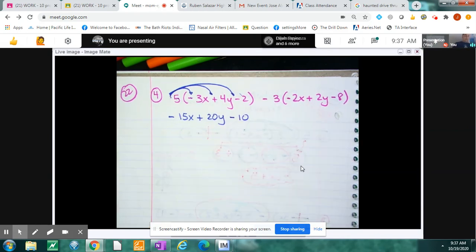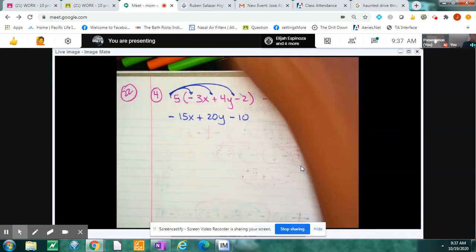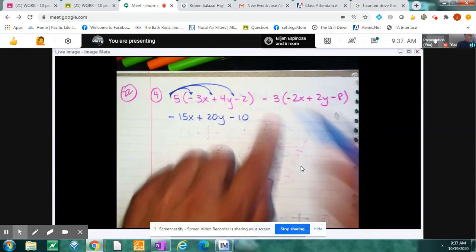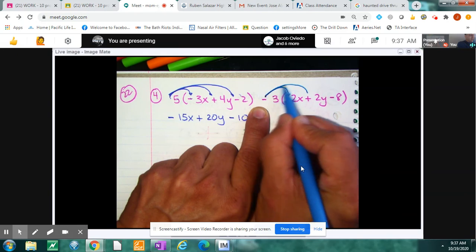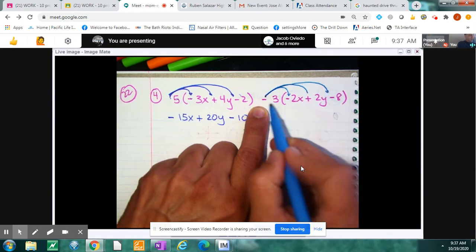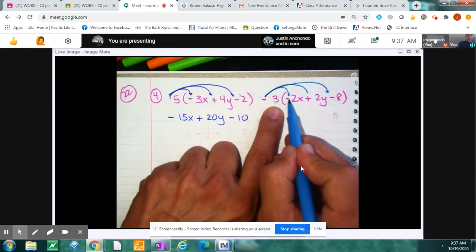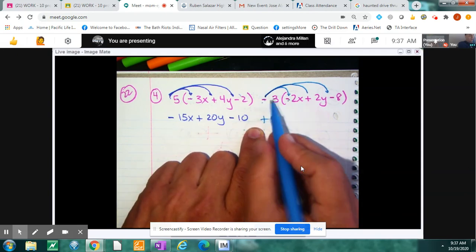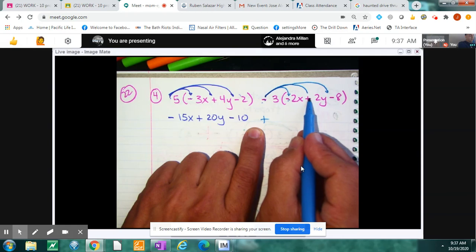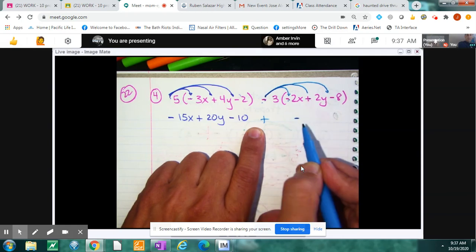Then the next one we're going to do is distribute the -3. Remember, it's a negative. And remember, when you multiply a negative by anything, it changes the sign. So negative times negative, this negative is now going to be positive because negative times negative is positive. Negative times positive is negative. See? Changes the sign.